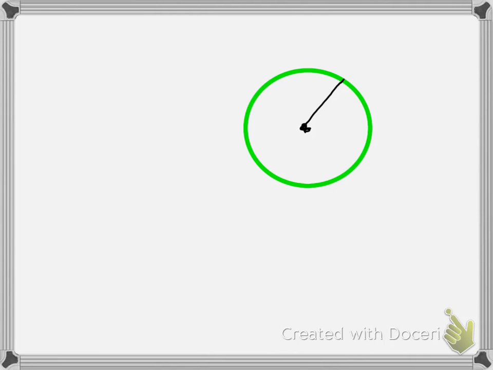I want this to be the equator. That's our radius, which is 3,960. And then we have the distance between these two cities. We've got Dallas and Winnipeg, Manitoba.